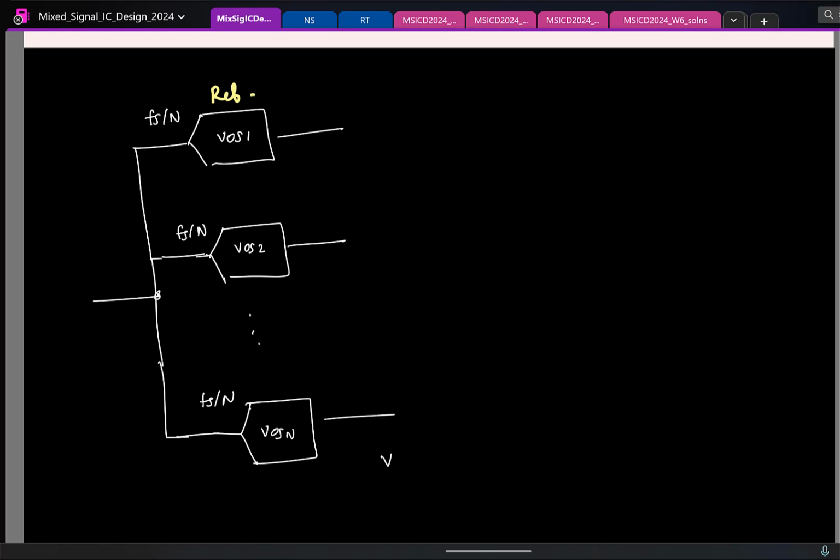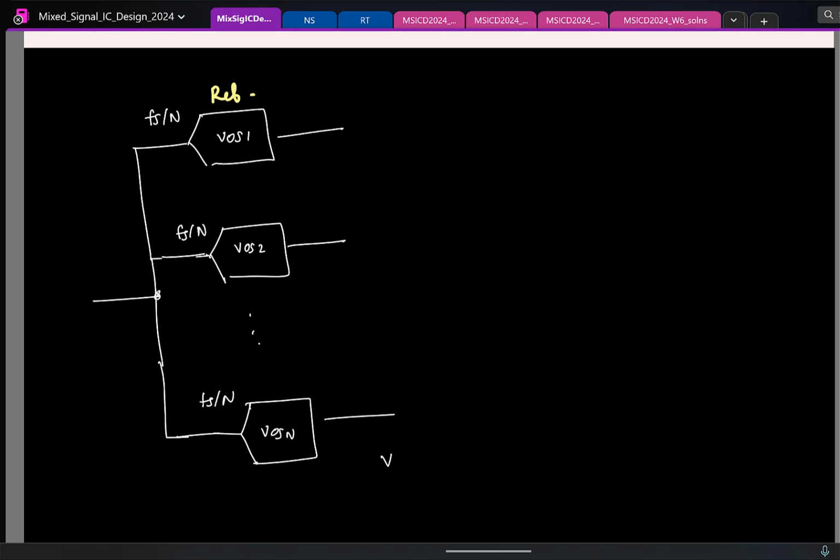Now translate that in circuits. What should I do? This has an offset of VOS2. In the final path, I should ensure that the offset is VOS1. No, offset is getting added, right?